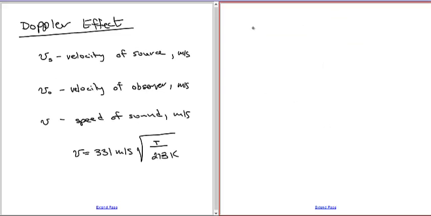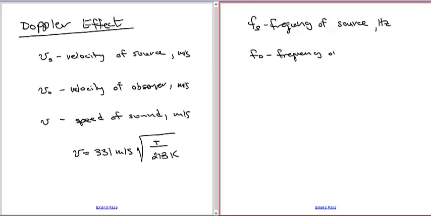And then there is the frequency of the source, in hertz. And there's the frequency that the observer hears, in hertz. Okay, so that's it.